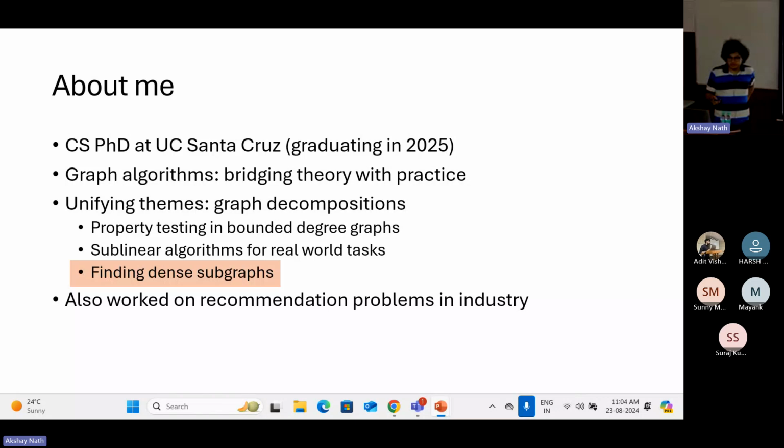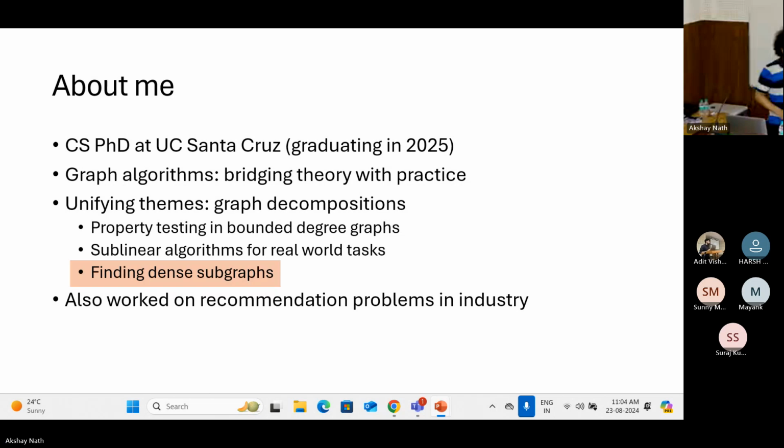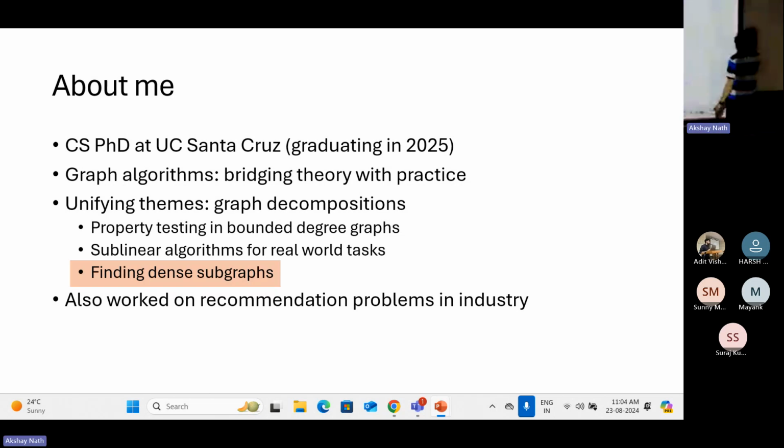Throughout this talk, there are various notions of density, but when I say dense, I mean edge density: in the subgraph H, I look at the number of edges in H divided by the maximum possible number of edges inside H. So essentially how close your graph is to a clique.